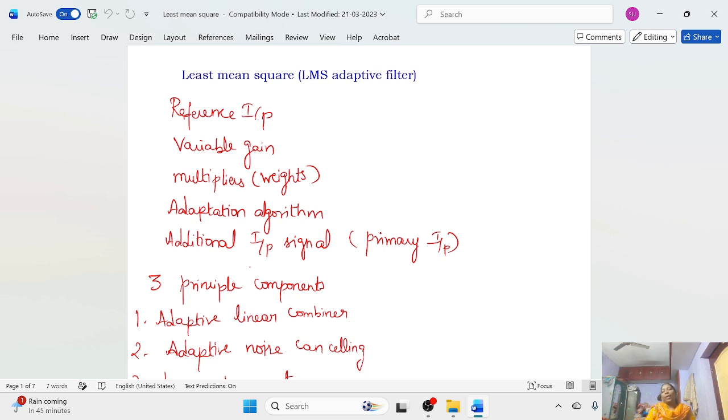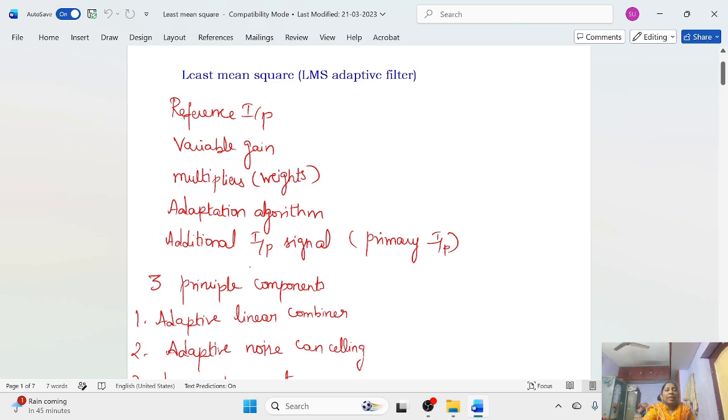So for any kind of adaptive filter you need two inputs: a primary input and a reference input. Then multipliers called weights, variable gain and adaptation algorithm. These are the requirements of the LMS adaptive filter.